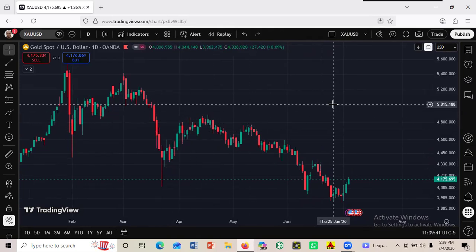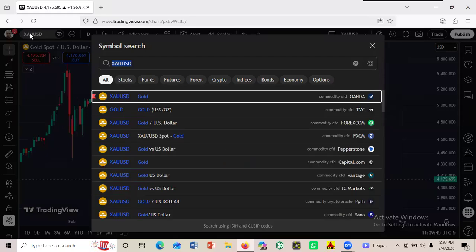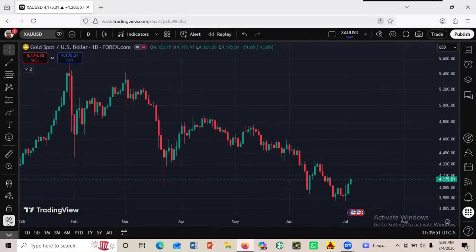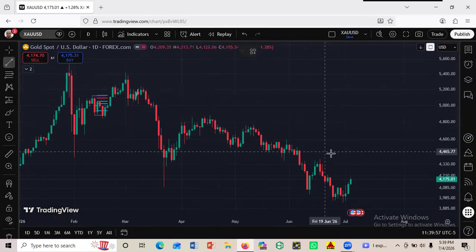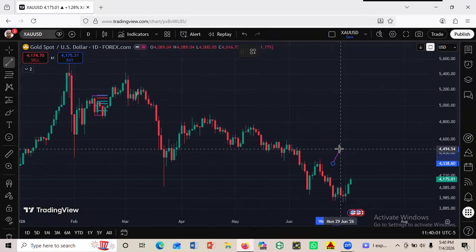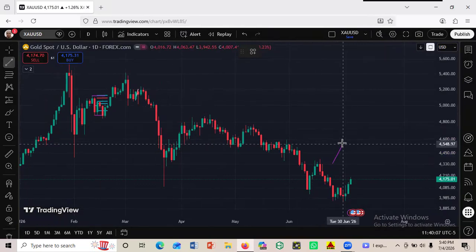Let me try and do something for you to understand what I meant by that. It's good that we understand what it means to have a break of structure. So it means that the price is probably first making a higher high and a higher low like this.